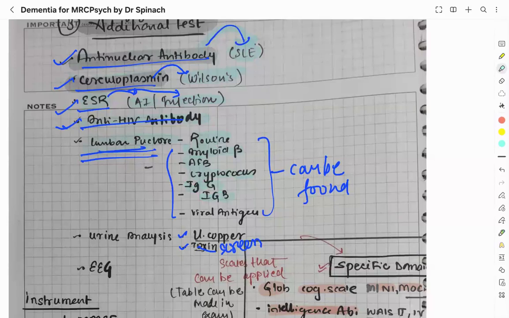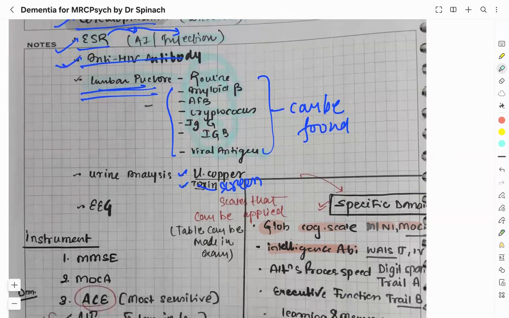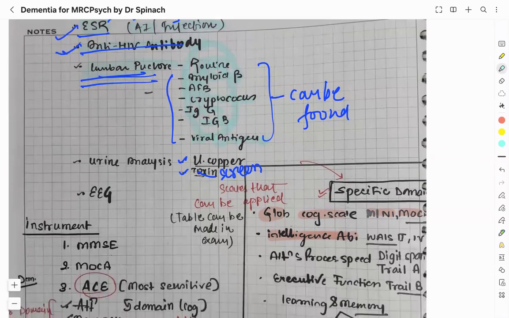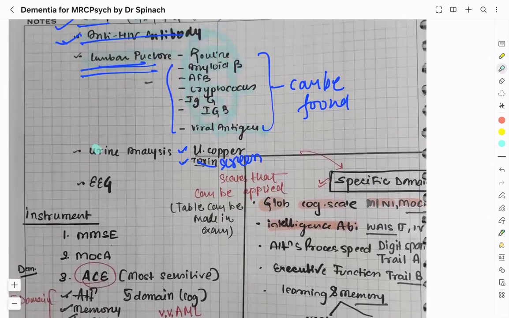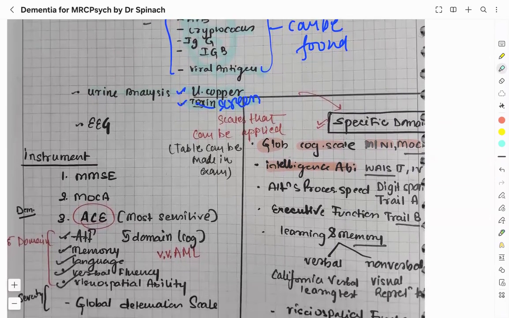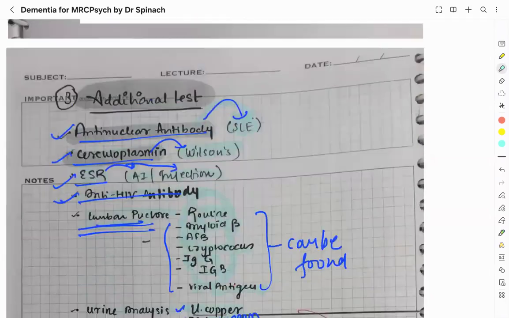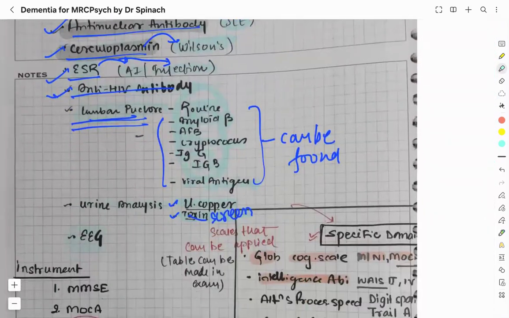With lumbar puncture we can find infectious causes, and even amyloid beta. Next is urine analysis: urine copper for Wilson's disease and a toxicology screen for any substance that has led to dementia. We will also do EEG in these patients. These are some of the additional tests you would do.